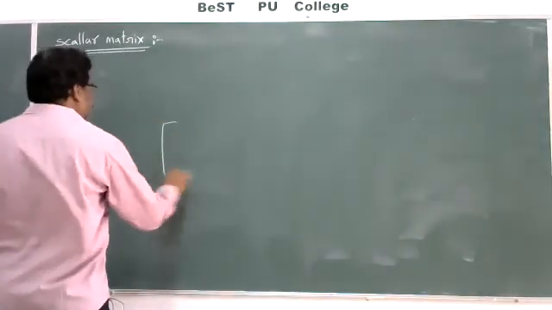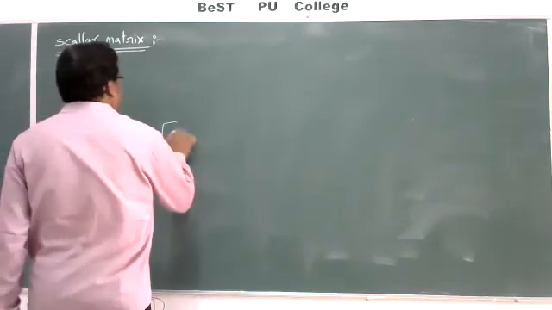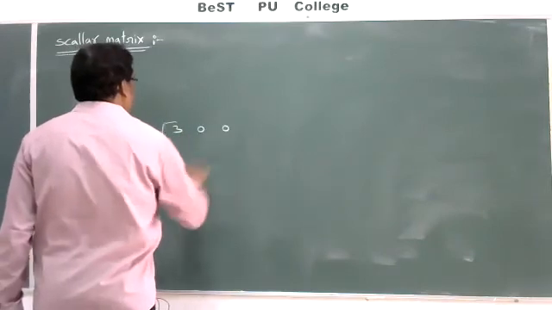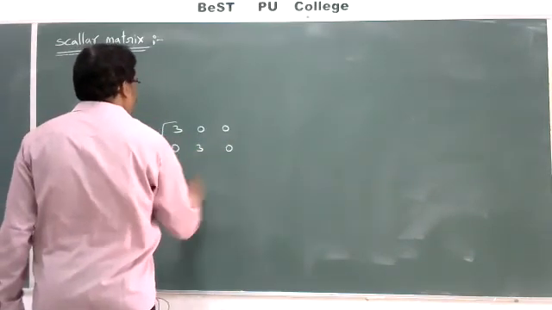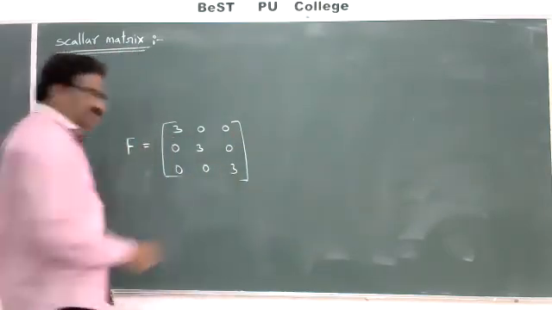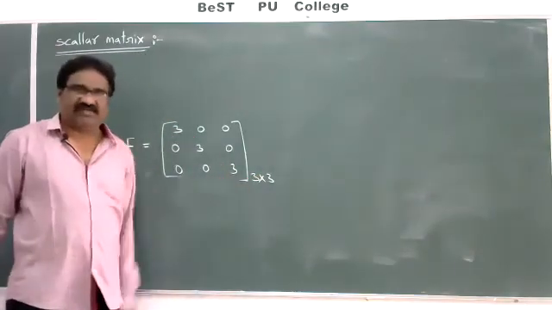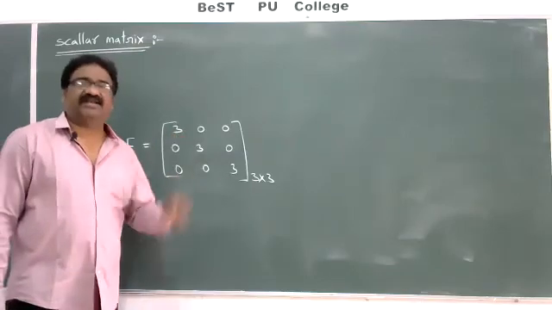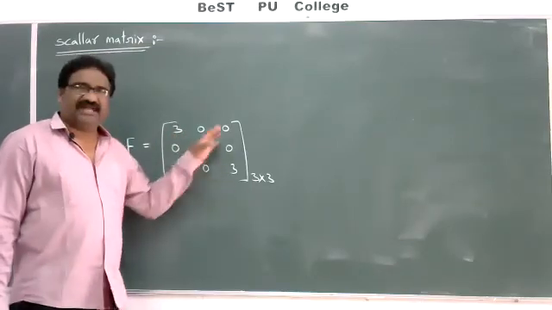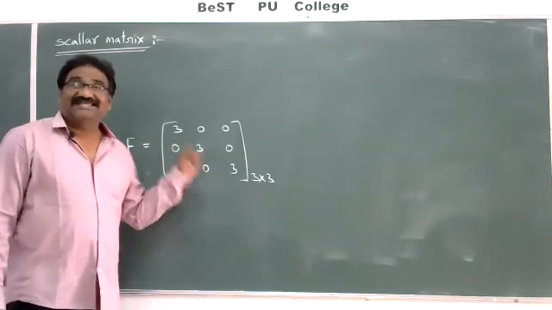In a square matrix, for example, you see here, capital F is equal to 3 0 0, 0 3 0, 0 0 3. Already this is a square matrix. Why? Number of rows is equal to number of columns. Already it is a diagonal matrix, since except the diagonal elements, the remaining elements are zeros. This diagonal matrix is also called a scalar matrix.